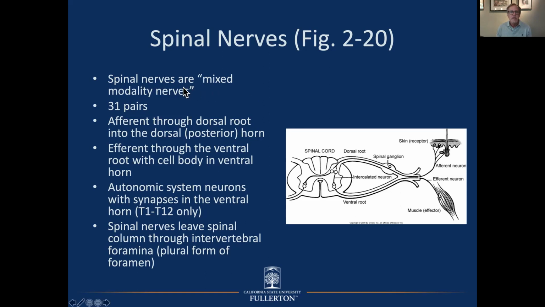So let me make sure I'm not missing anyone. So we have spinal nerves, our mixed modality. We've got the 31 pairs, afferent through the dorsal root into the dorsal or posterior horn. Let me point that out. In the spinal cord, and I think we looked at this in chapter 2, there is a dorsal root and a ventral root.